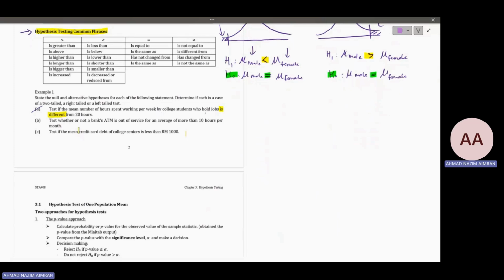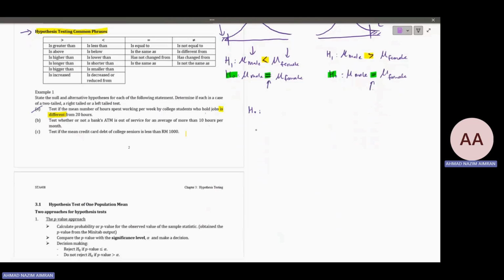Again, what is mentioned in the question is actually our alternative hypothesis. Remember that what is mentioned in the question is our alternative hypothesis. Because for the null hypothesis, you can always use the equal to symbol, right?